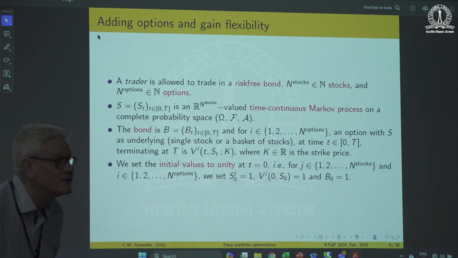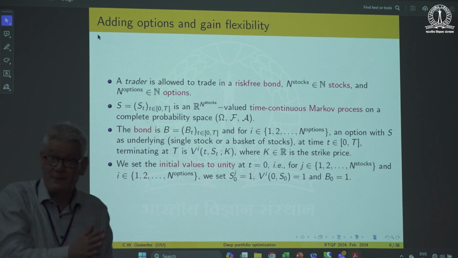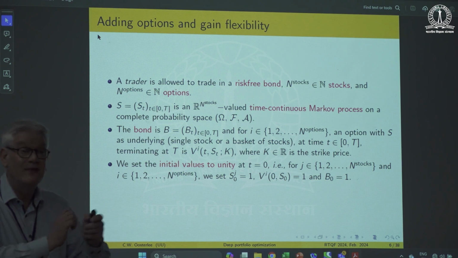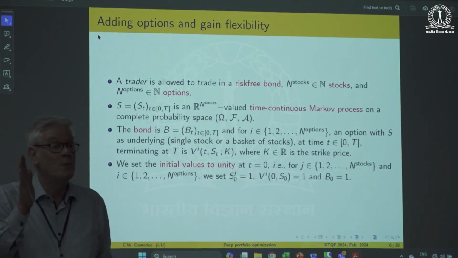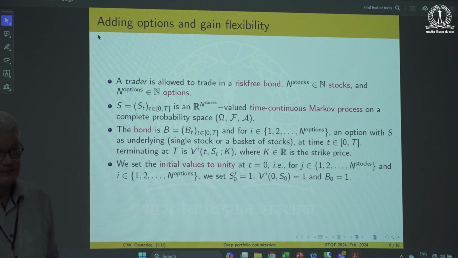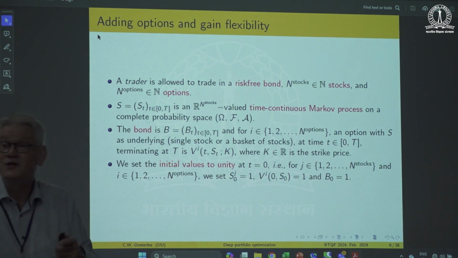Now there's one simplification that we do here. We have all these time steps, and at all these time steps we can allocate a different number of stocks, but the options we only do at T0. So we only fix them at T0. We are not dynamically updating the options. It can be a non-liquid market or something like that.